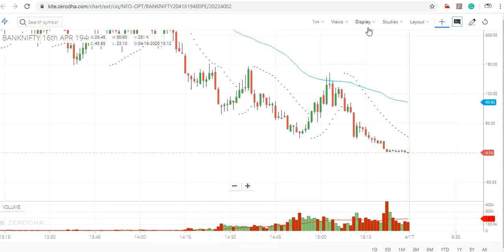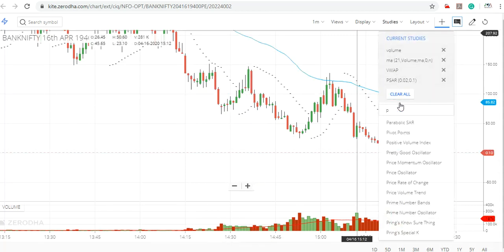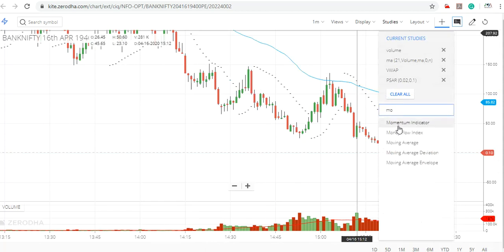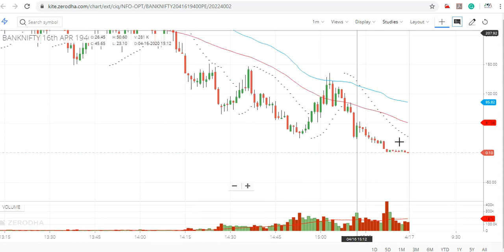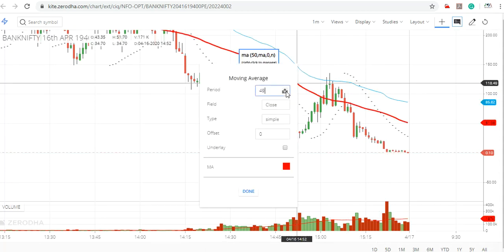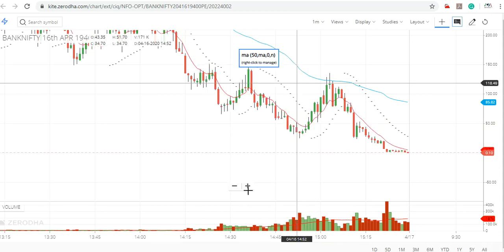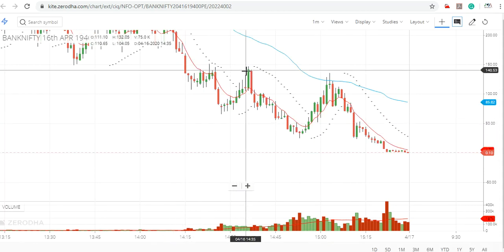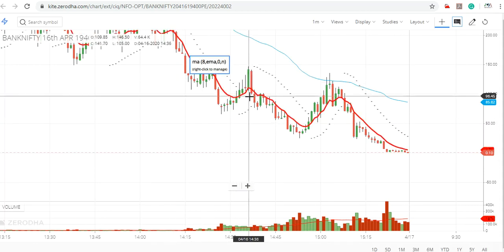Or you can add a moving average. You can add the 8 exponential moving average. When price comes back and touches it, or one candle closes below it, you can exit.